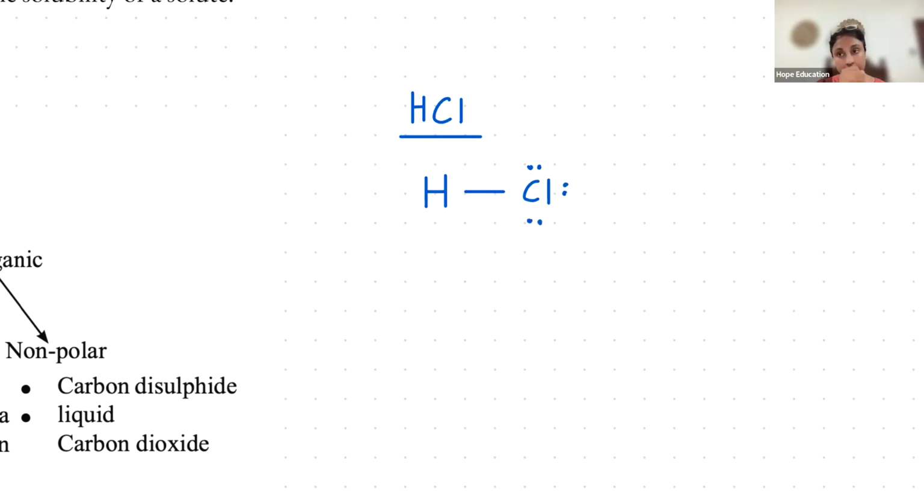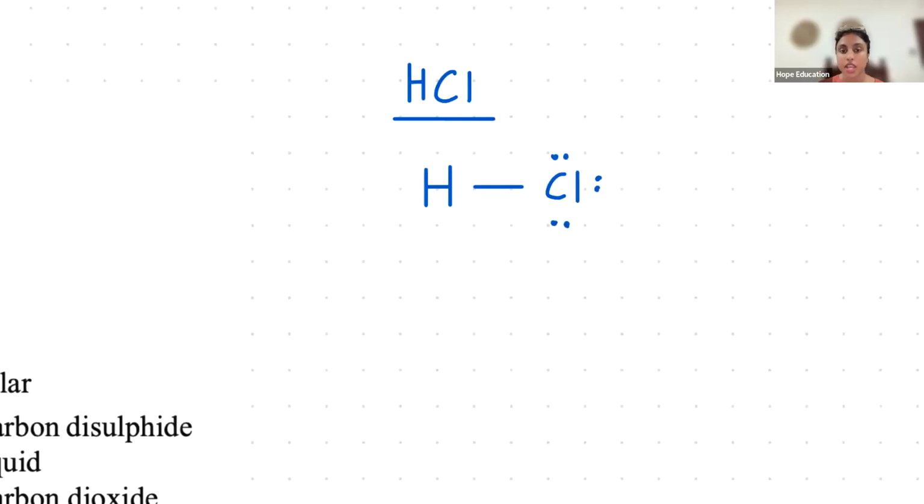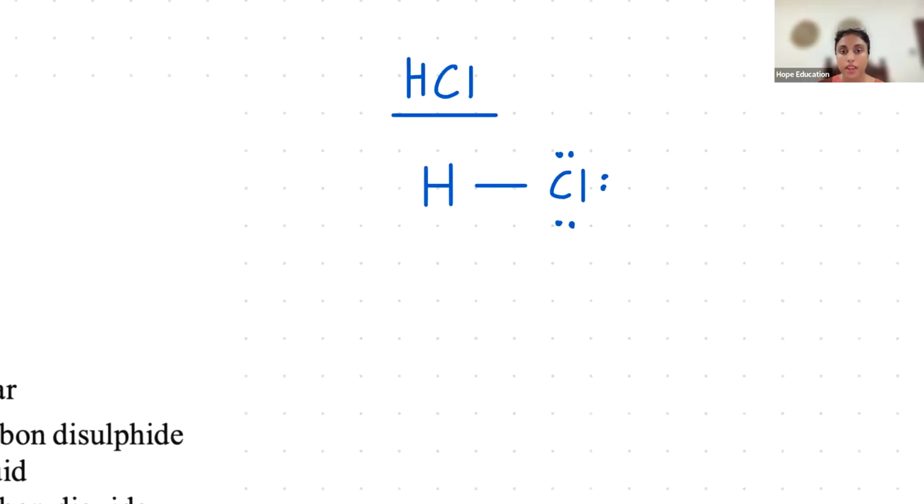That is the Lewis structure. You know how a covalent bond is formed? When two electrons are shared. So a hydrogen electron and a chlorine electron are shared like this.